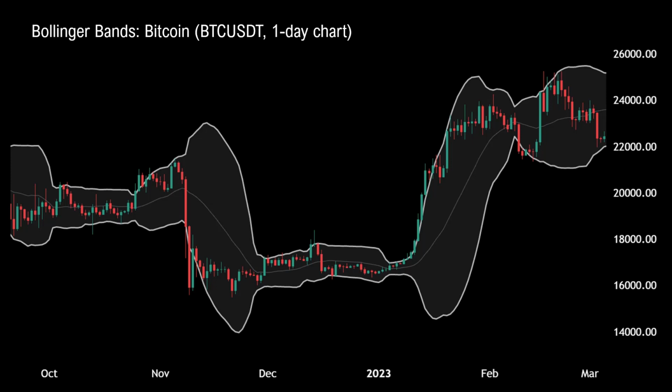Let's now relate all this back to an actual price chart with Bollinger Bands, and here's the Bitcoin one-day chart. Now, because this is a one-day chart, the middle band in this case would be the 20-day simple moving average, which shows the general trend of the investment. Then there's the upper band, which represents 2 standard deviations of price movement above the middle band.